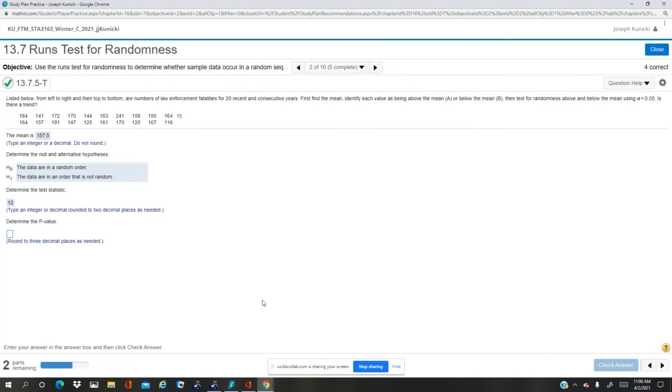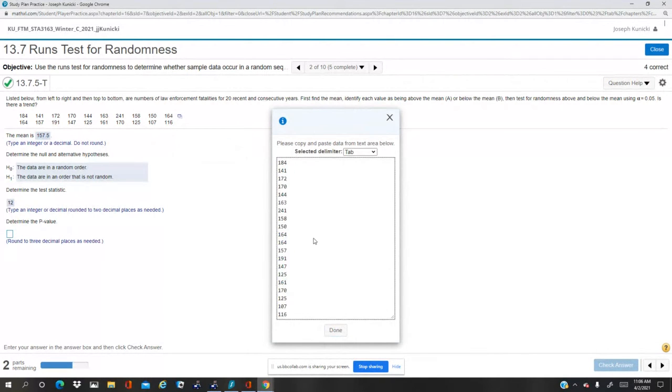So I don't think StatDisk will do this. We could try. Let's see. Open in clipboard. See, we don't have the differences. We'd have to create a whole column. I don't know.